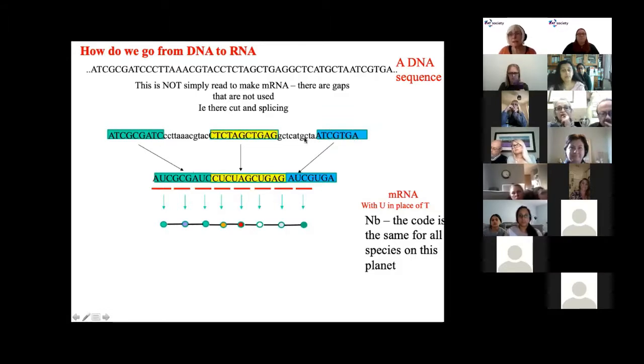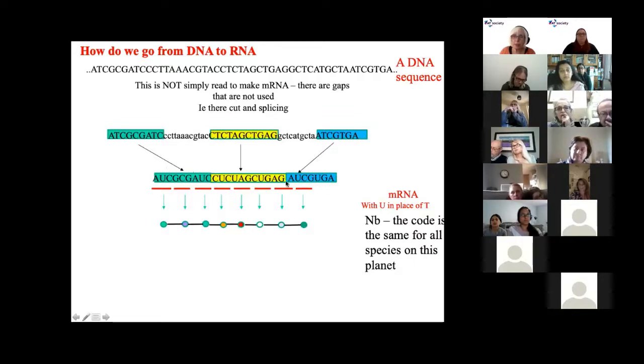And it turns out that the cell uses bits to make that RNA molecule, and it cuts and splices. And you may have heard of splicing. So it takes a bit there, throws this away, takes a bit there, throws this away, takes another bit.